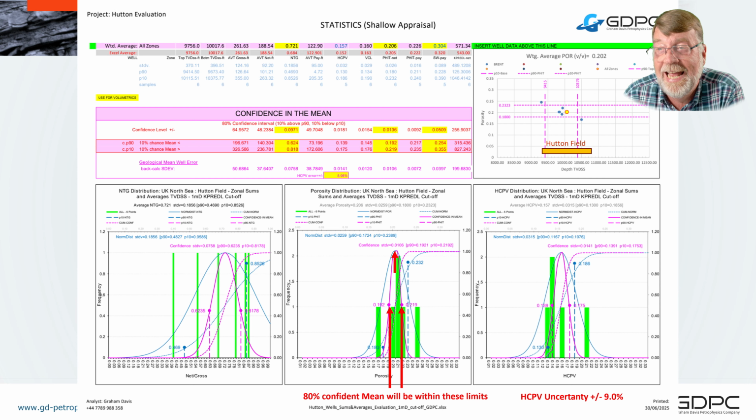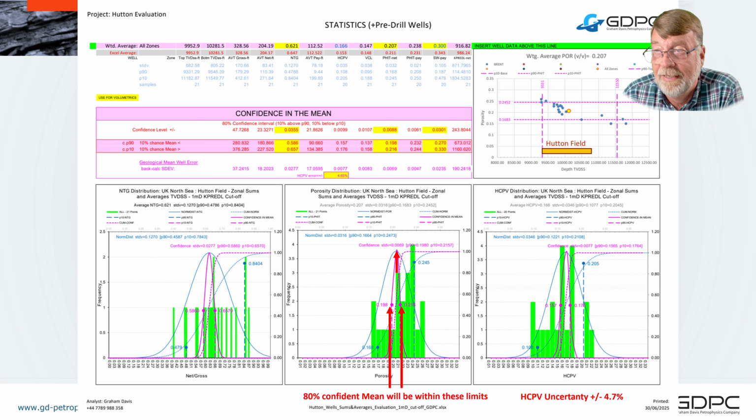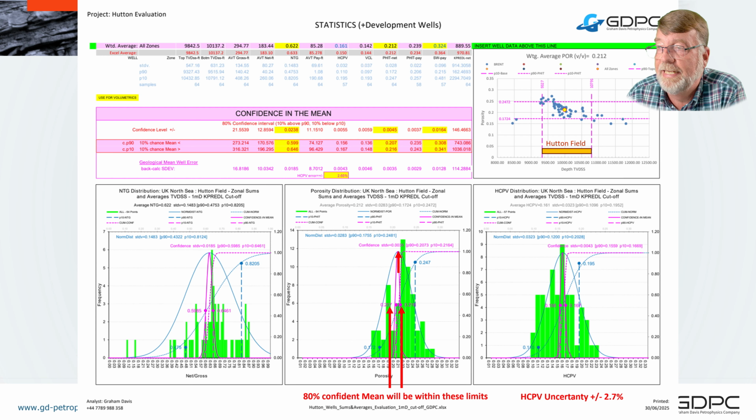Okay, so now we're going to add in our pre-drill wells, and you see we're adding a lot more wells up here, and then in the final 65 wells, we've got 65 wells here. This is the P90 and the P10 depth range, and the P90 and the P10 porosity range.